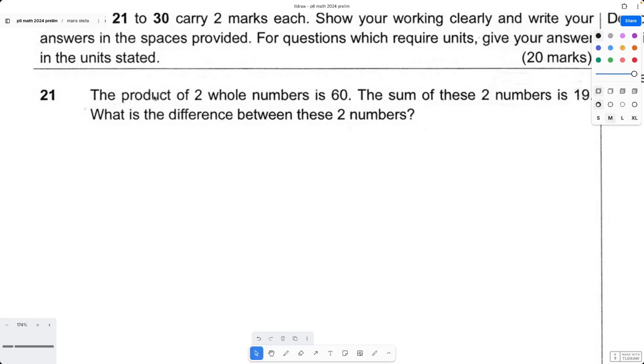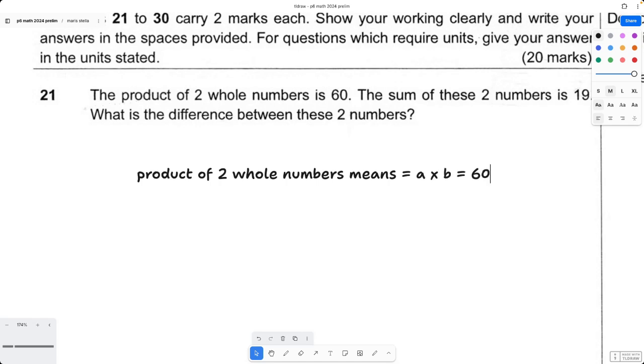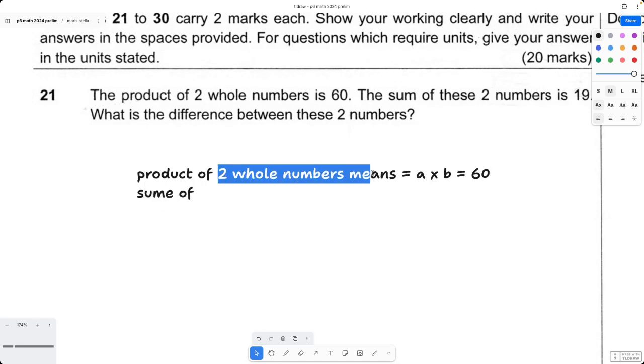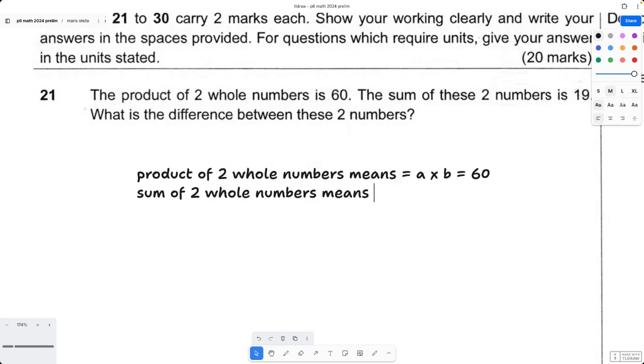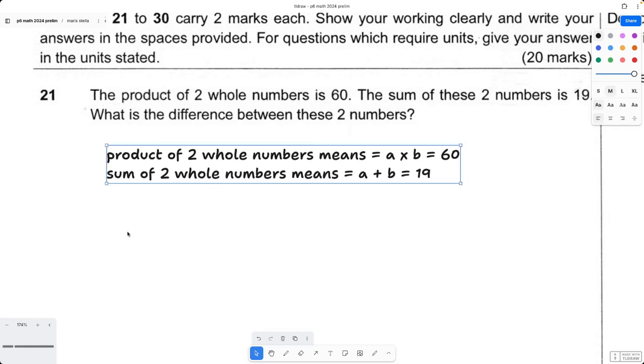So the product of two whole numbers means a times b equals 60. The sum of two whole numbers means a plus b equals 19.